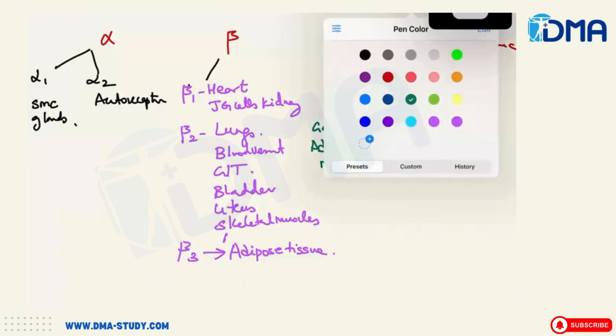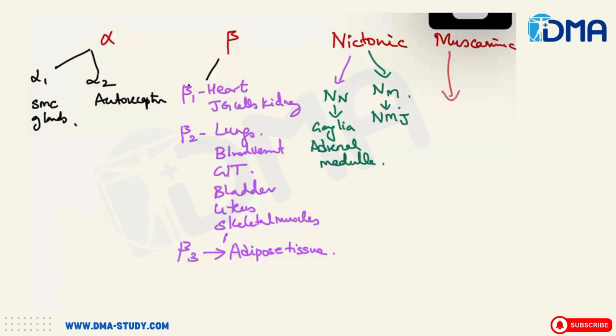Right? Then coming to the muscarinic receptors. M1 is present in the CNS, autonomic ganglia, then in the gastric glands.